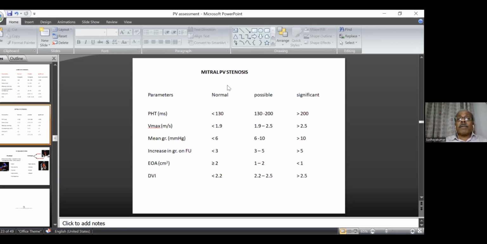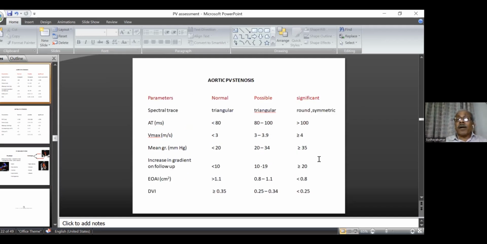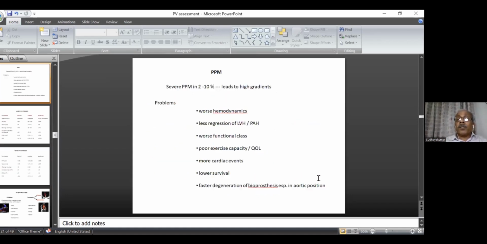Mitral prosthetic valve stenosis: pressure half time more than 200, Vmax more than 2.5, mean gradient more than 10, on follow-up gradient increase by more than 5, and Doppler velocity index more than 2.5. On the aortic side: acceleration time more than 100, Vmax more than 4, mean gradient more than 35, increase in gradient on follow-up by more than 20 millimeters of mercury, and Doppler velocity index less than 0.25.